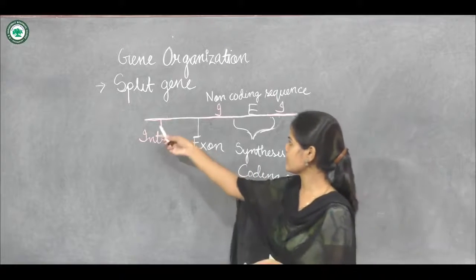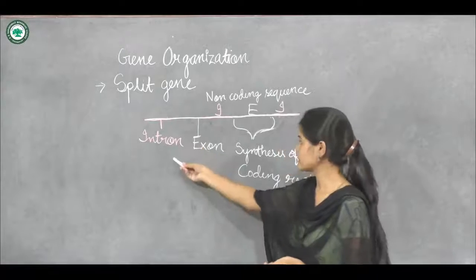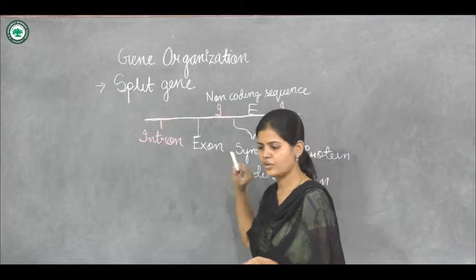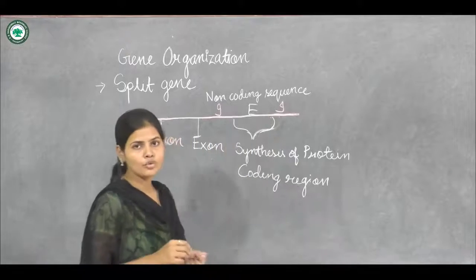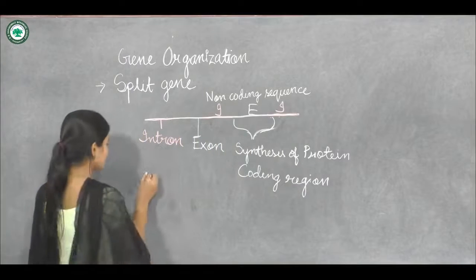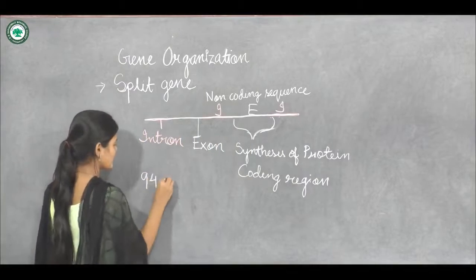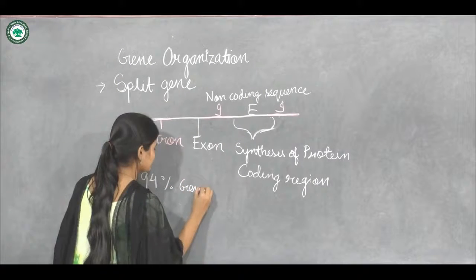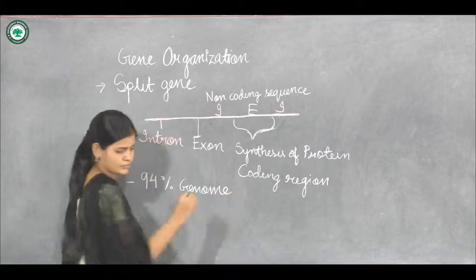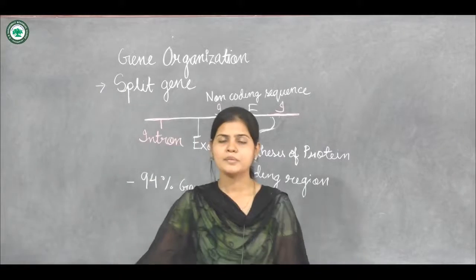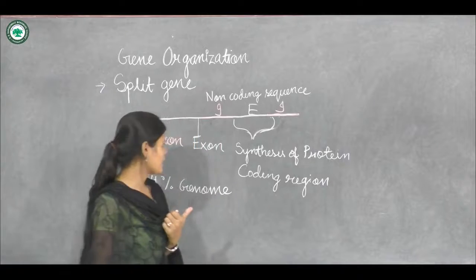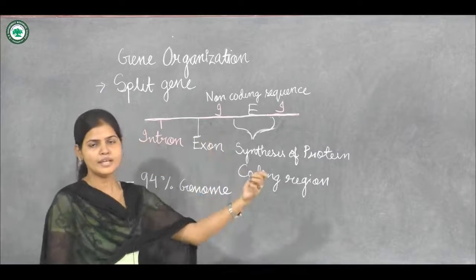So these are the split genes, which consist of introns as well as exons. Now in humans, about 90% of the genes are interrupted, meaning they have the presence of exons and introns.